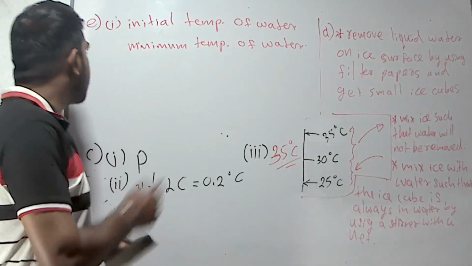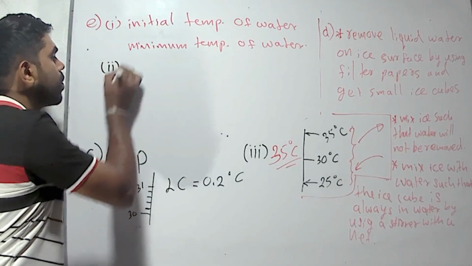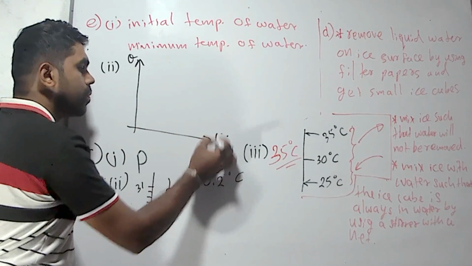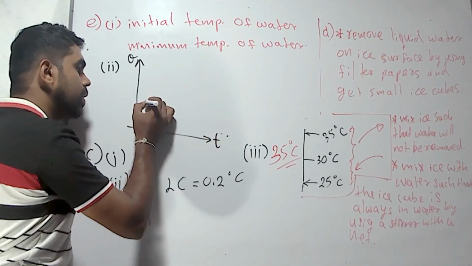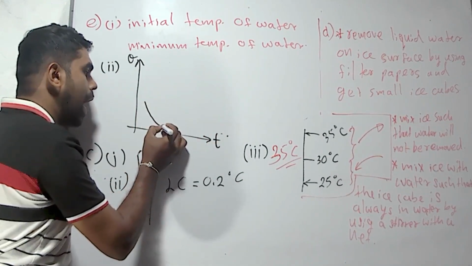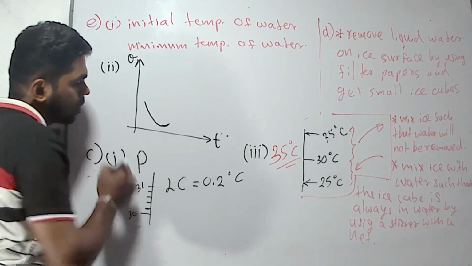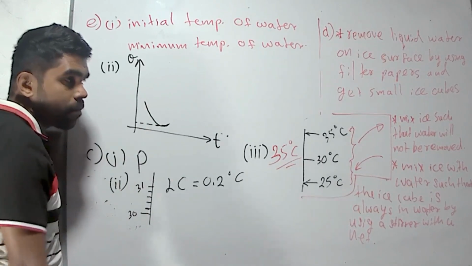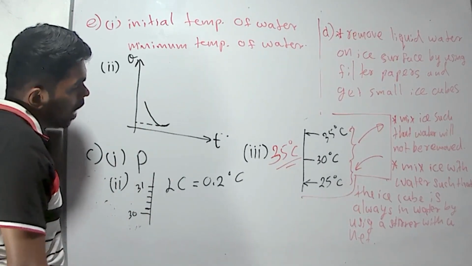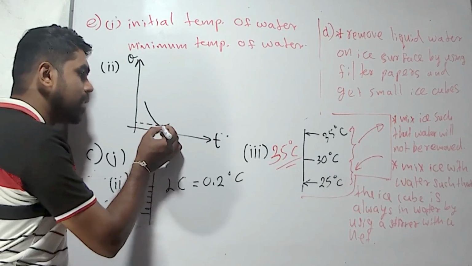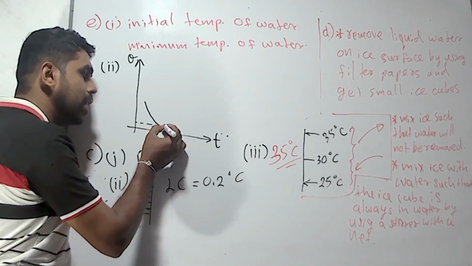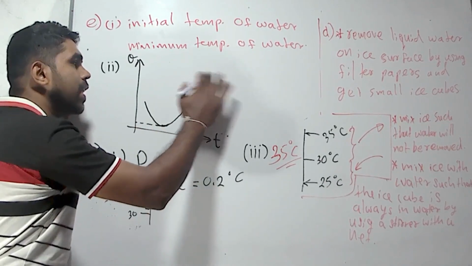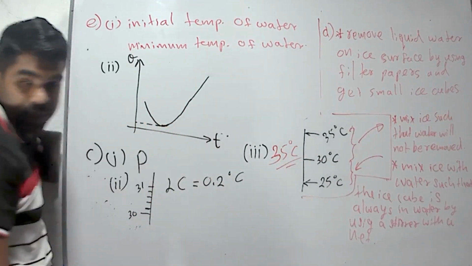We know that when mixing ice, the temperature will decrease with time, and when adding ice to the system, there is a minimum temperature, and after that the temperature increases again to the room temperature.